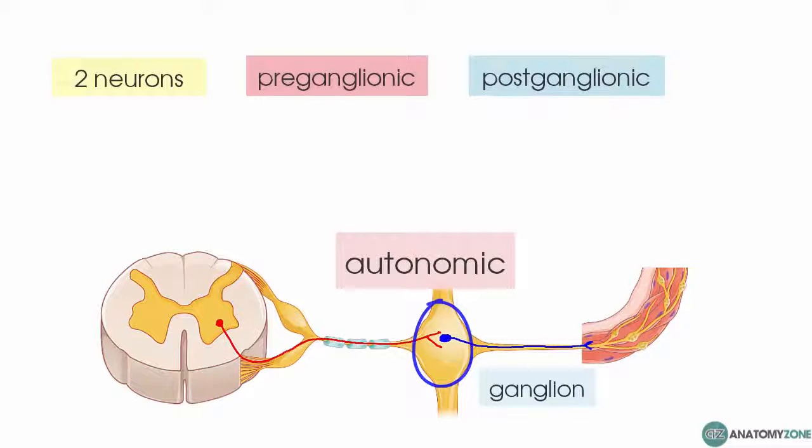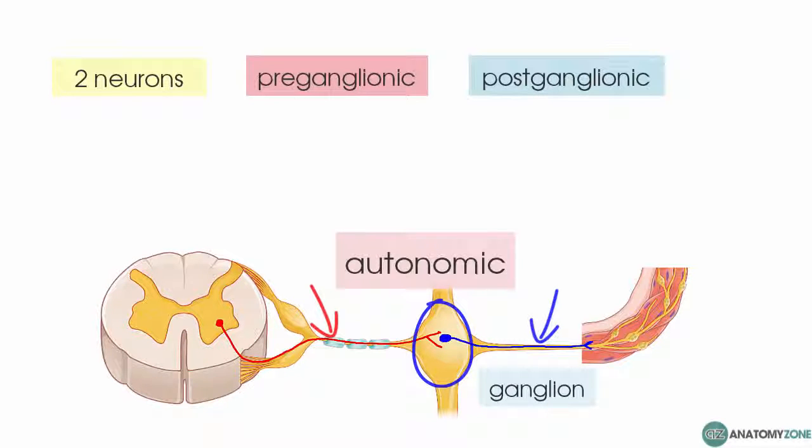So the key concept here is that there are two sets of neurons between the CNS and the PNS in the autonomic nervous system. You've got the preganglionic neuron, which is the neuron before the autonomic ganglion, and then you've got the postganglionic neuron, which extends to the target organ.